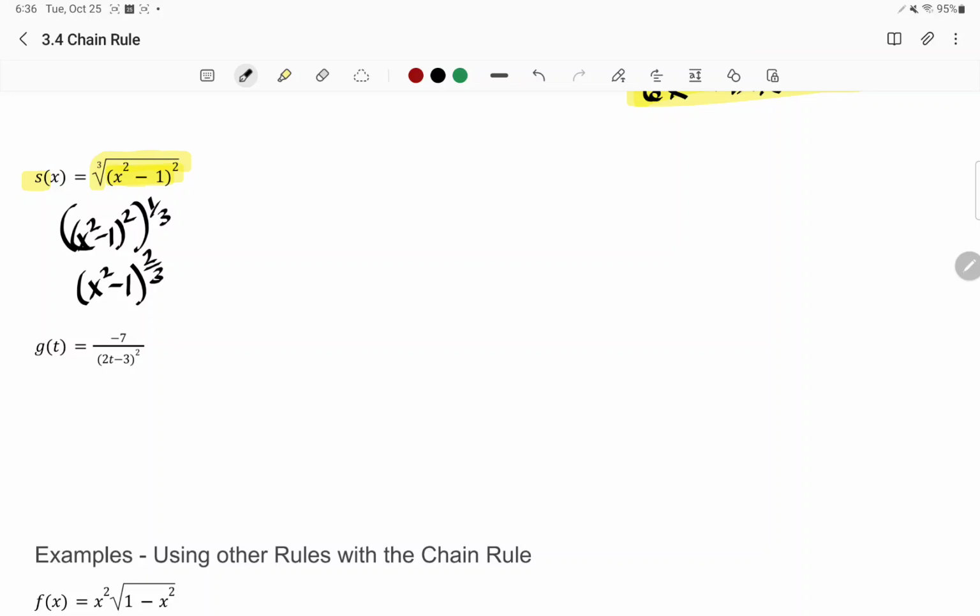Probably the easiest way, instead of doing 3 layers of composite functions, which is totally possible, just a lot more algebra involved, is if we rewrite it a little bit right at the beginning and multiply the squared to the cube root, which is what I did right here, and I get x squared minus 1 to the 2/3. Now from here, we can identify our inside and our outside functions much more easily and find the derivatives of those as well. So from here, if you haven't gotten this far, pause the video before you move on.